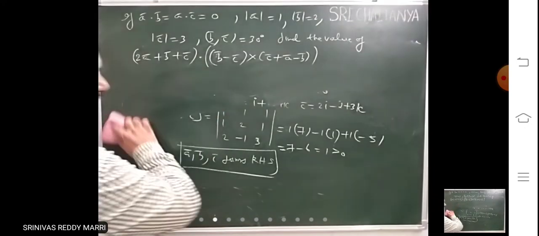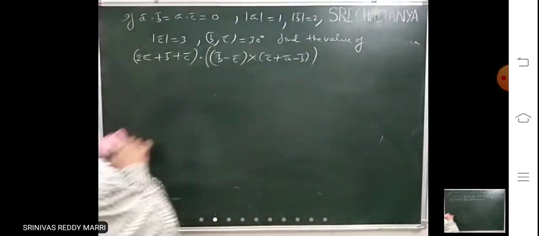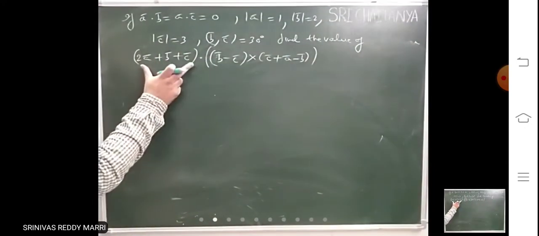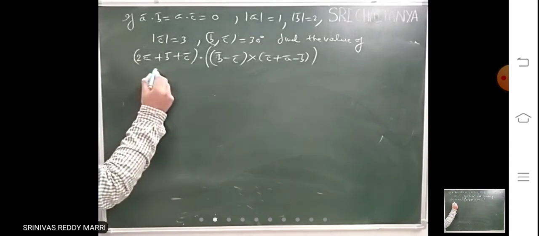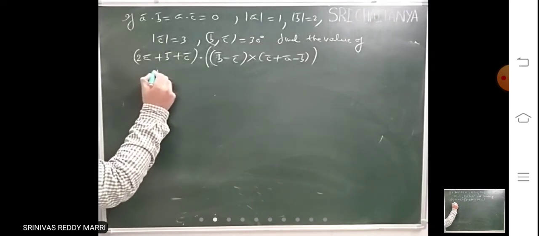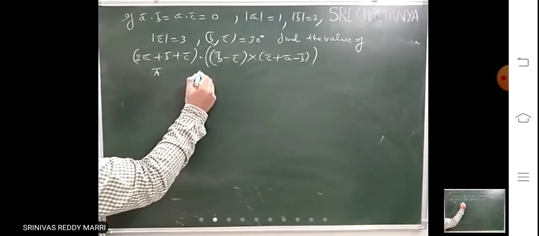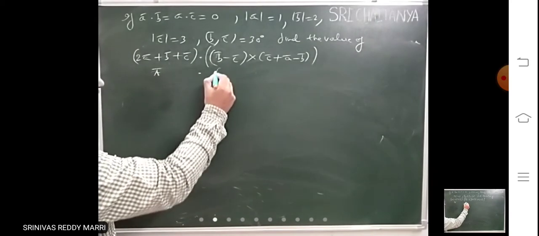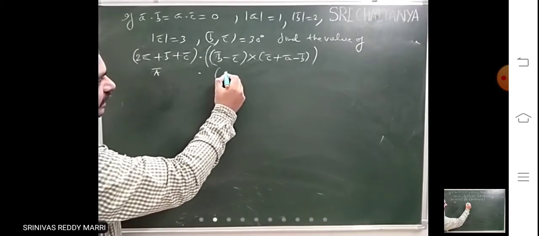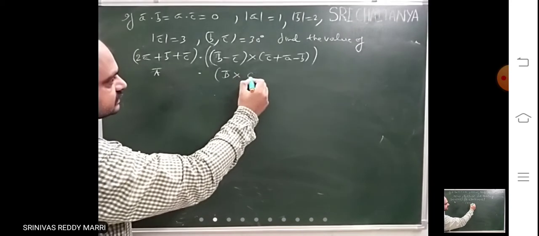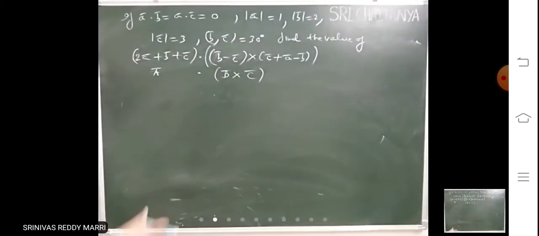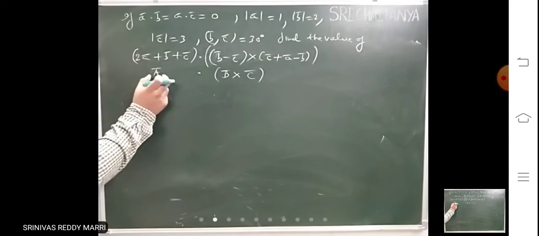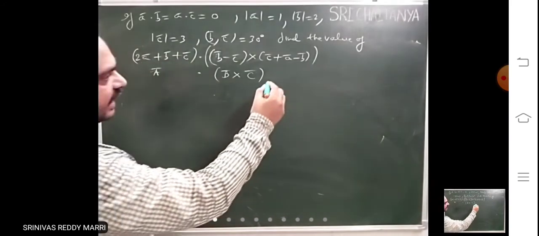Now look at this. You have to identify that this is a scalar triple product. Take this as A bar dot, and the vector inside as B bar cross C bar. So this given expression is of the form A bar dot B bar cross C bar.